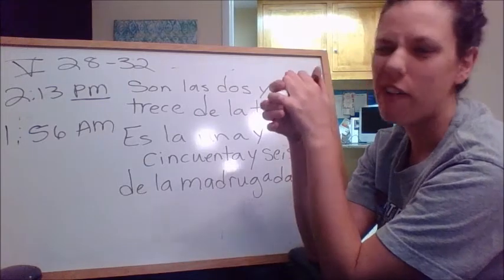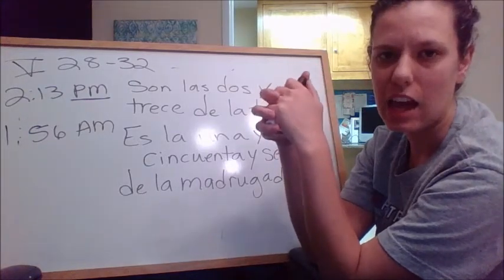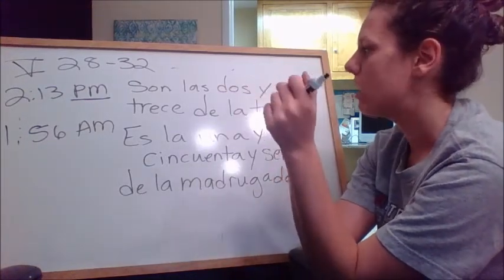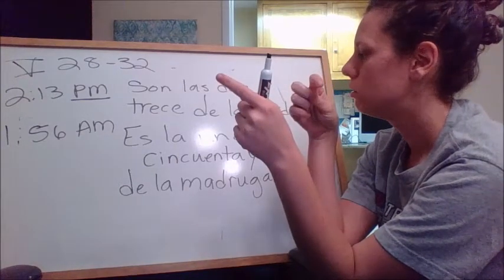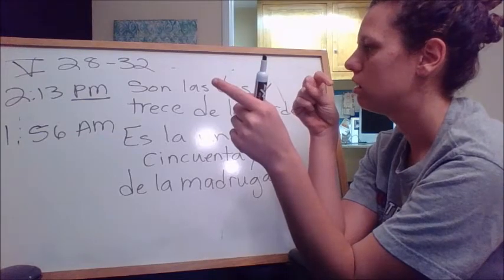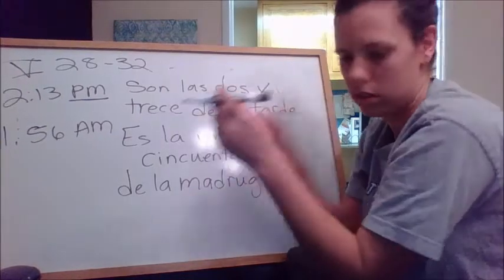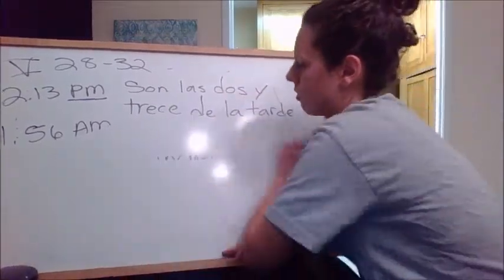Noon to about 5 was going to be de la tarde. And then, wait, what did I just say? Okay, let me just start over. I forgot what I just said.